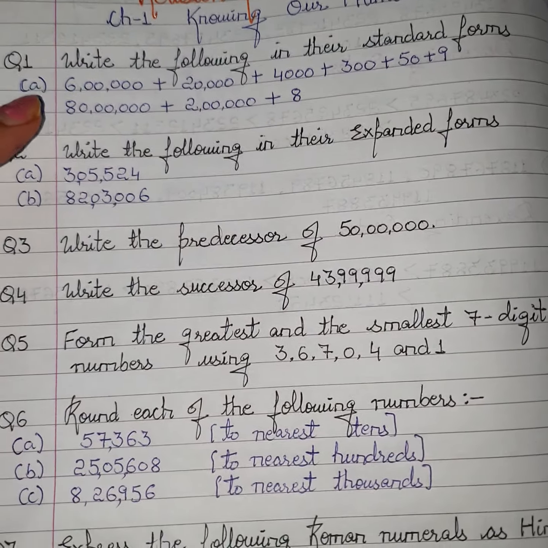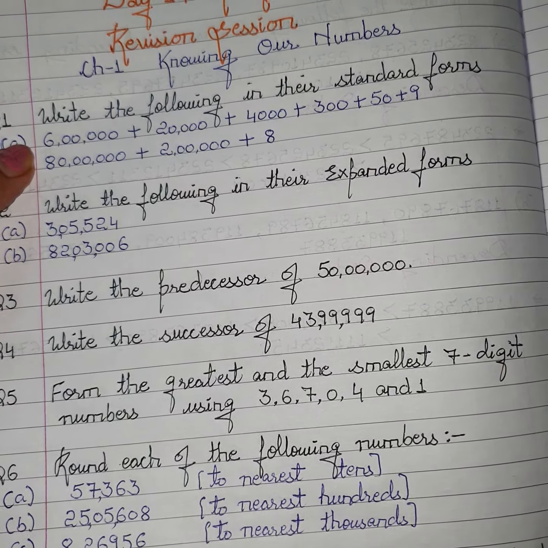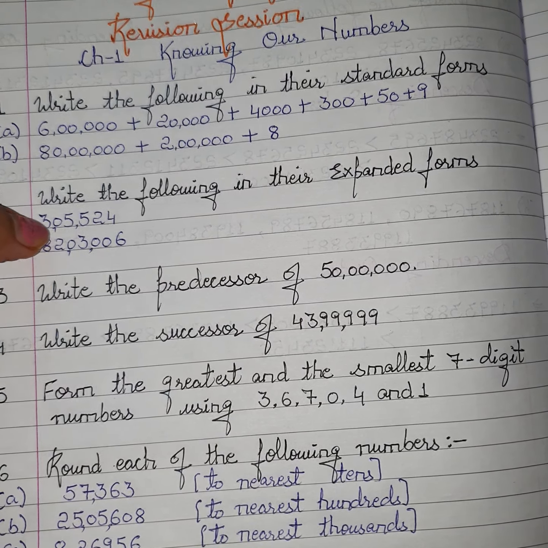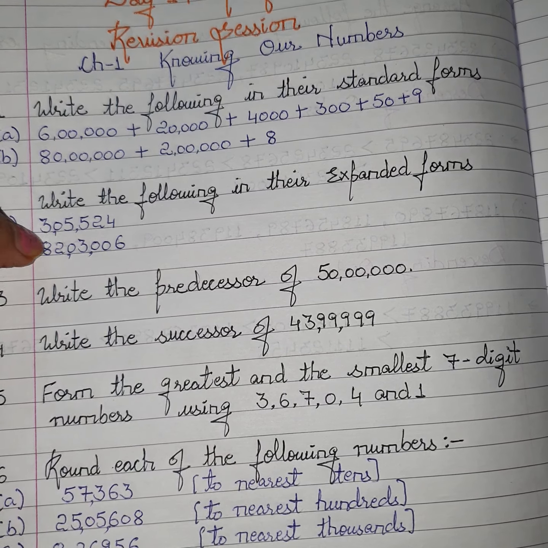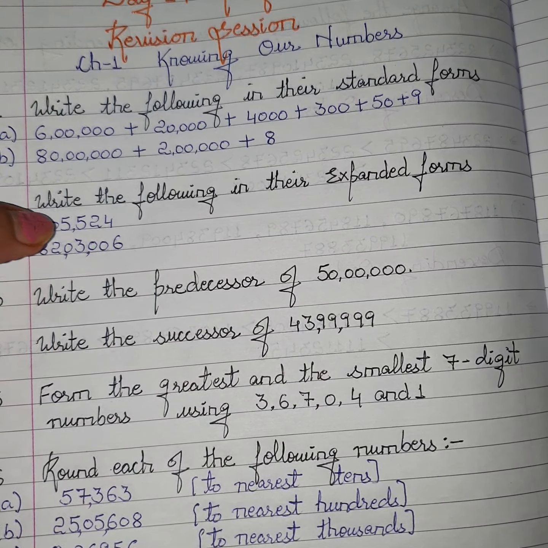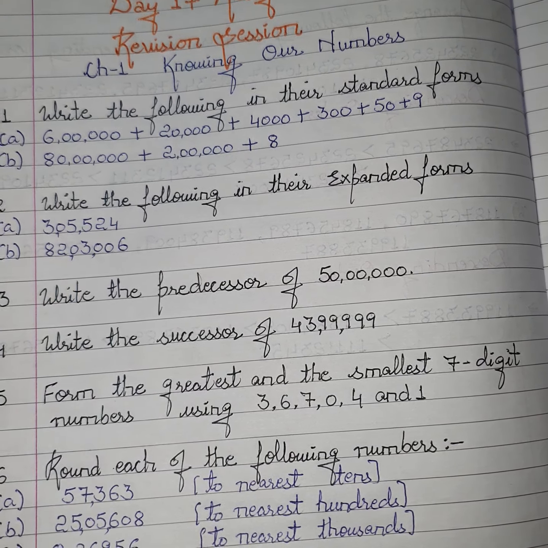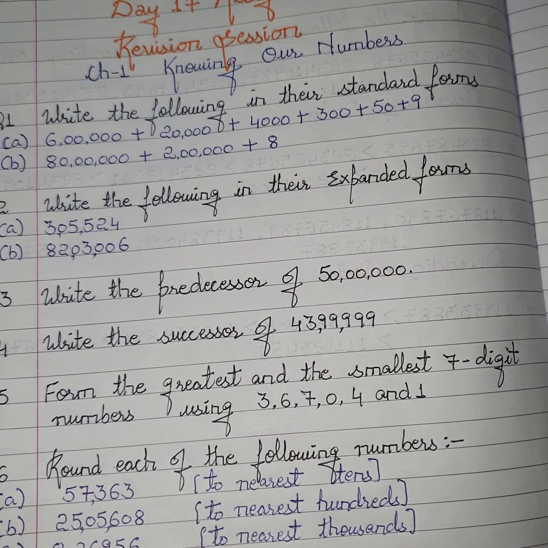In first question, I have given you to write the values in standard form, or you can say short form. It is given in expanded form and you have to write it in this way. And in second question it is given in standard form and you have to write it in expanded form. So the second question is the reverse of first question and the first question is reverse of second question.